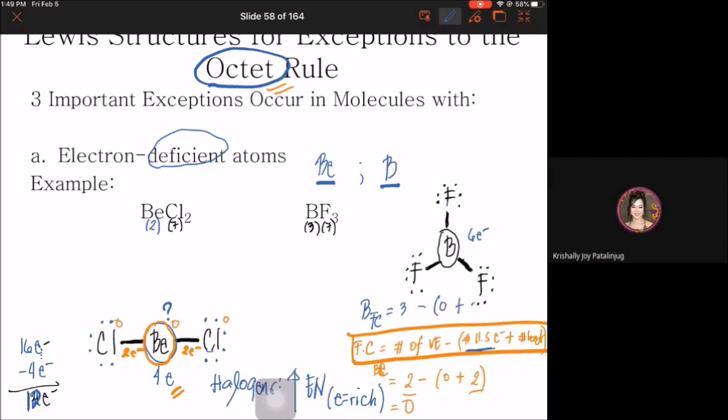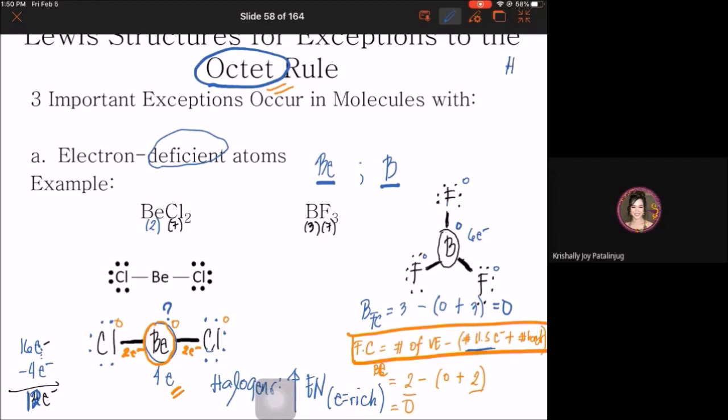So, number of bonds, 3. So, si boron dito may 0 charge. So, the same thing with the other surrounding atoms. So, yung technique nyo lang para malaman nyo na 0 talaga yung formal charge ng atom na yan in that molecule, i-memorize nyo lang talaga yung number of stable bonds per atom na very common.